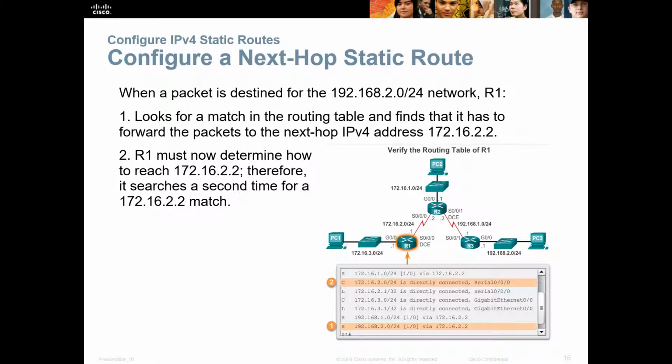For example, if we want to go from PC1 to PC3, you can tell it to forward everything from 172.16.3.0 with a subnet mask of 255.255.255.0 out either the exit interface or the next hop IP address.